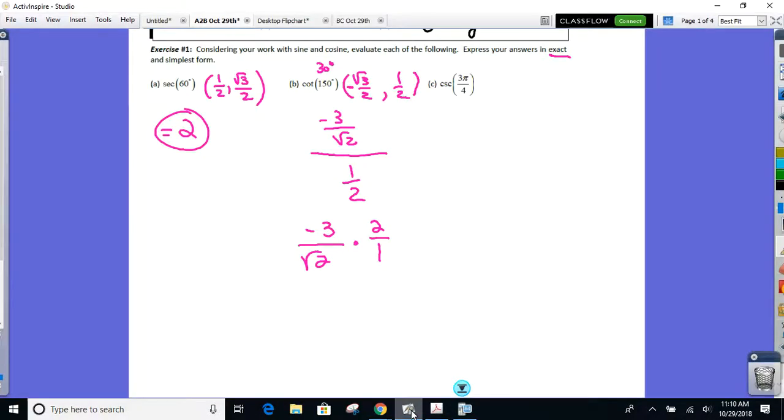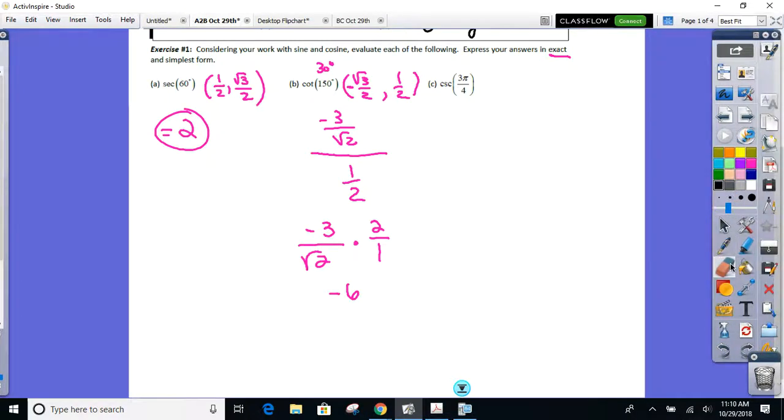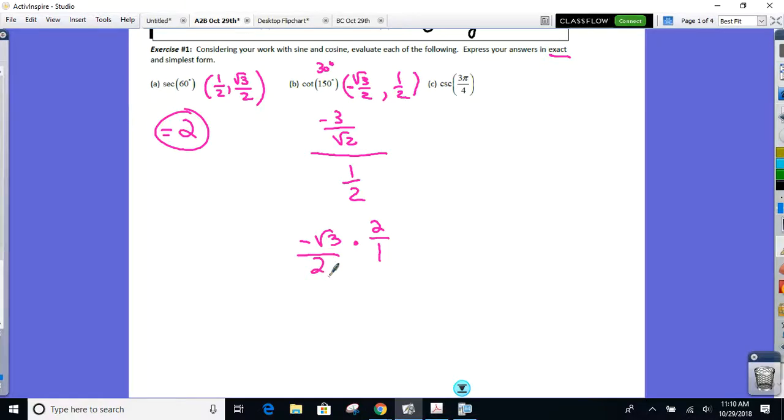Multiply negative radical 3 times 2. Let's try this again. Negative radical 3 times 2.